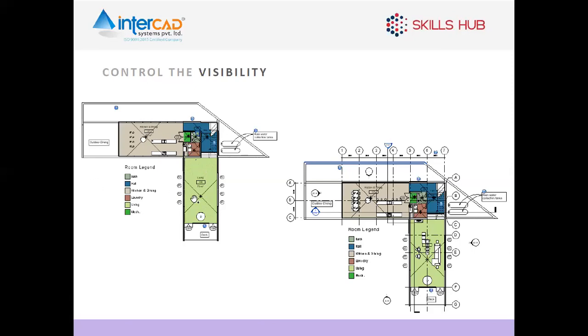Actually, the application of the room tag is important. If you are creating the room tag, then only we get the result like this. First, if you have to create something like this, you have to create the room tag. After that, we have to follow some procedure. Okay, the room tag is compulsory for that. If you are creating the room as a text, we will not get the output like this. So if you need this type of output, the room tag is important.